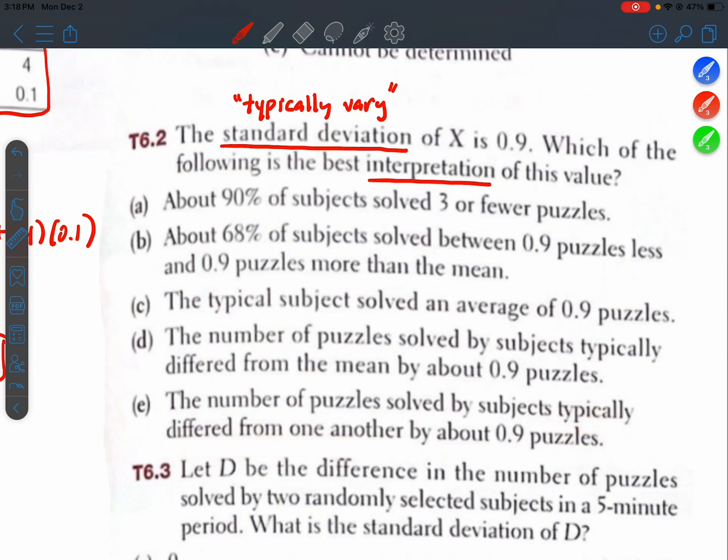Already I'm liking choice D because it has the right language. So if we read the whole statement, the number of puzzles solved typically varies from the mean by 0.9 puzzles. That is the correct interpretation.